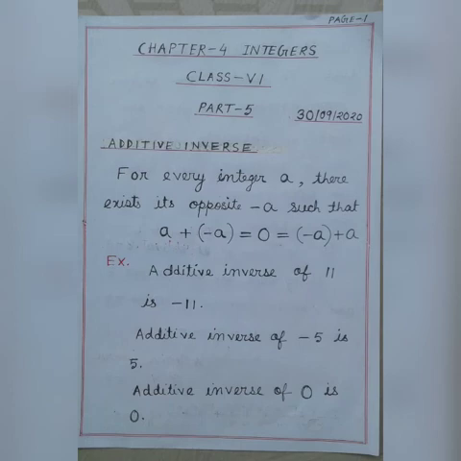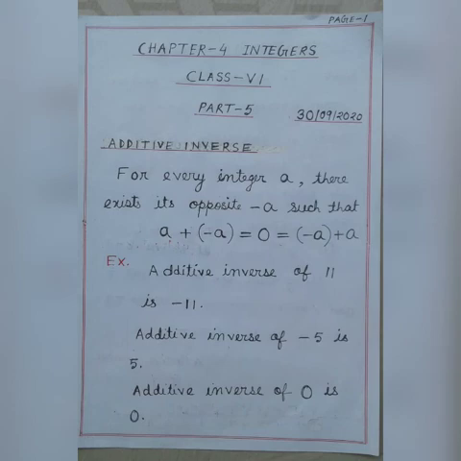To elaborate this, I have given you some examples. You don't have to understand really much. Just know that the additive inverse of a positive number is the negative of the same number. If I am asked to find the additive inverse of 11, then the answer will be minus 11.